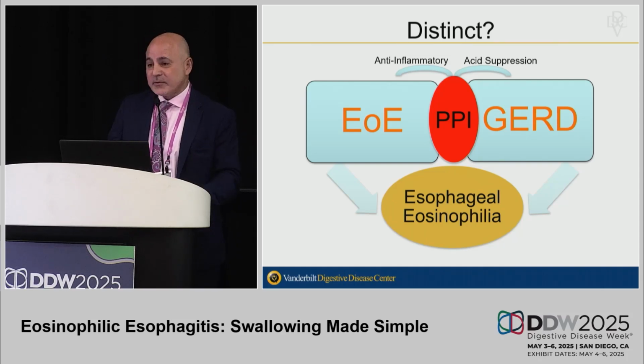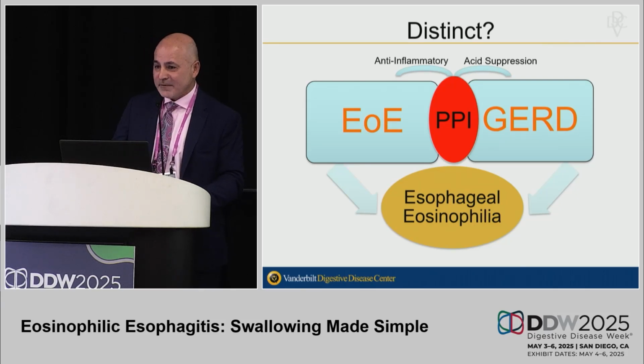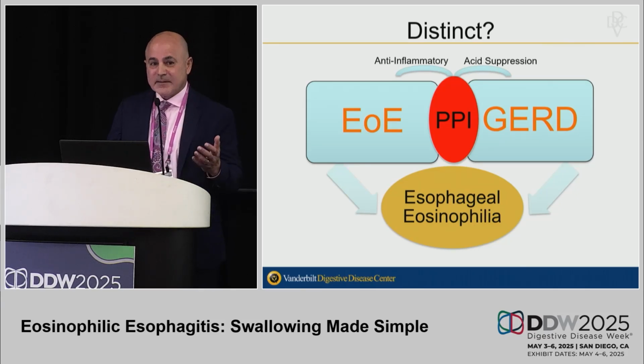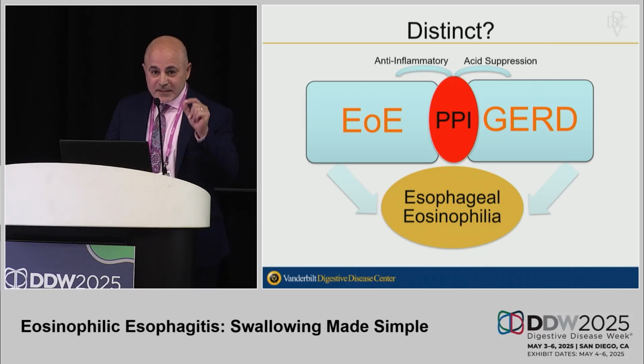When we did a randomized control study of patients with sinusitis, many years ago, published in 2007, it was a positive study showing that patients with chronic sinusitis responded to PPIs. We were very careful to highlight that this may not be due to acid suppression. It may be due to anti-inflammatory properties. So could one just say that they're just different? That it doesn't have to be that GERD is causal to EOE.